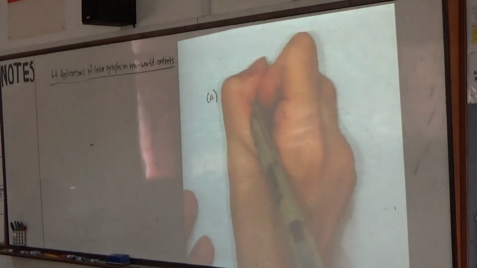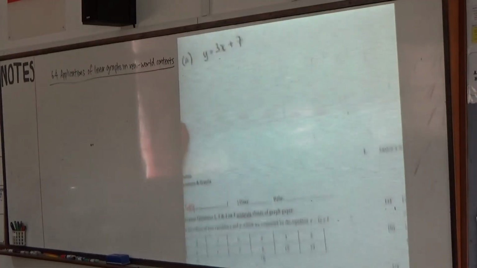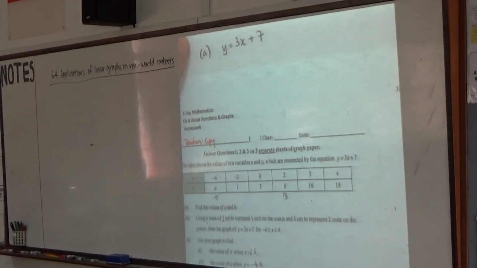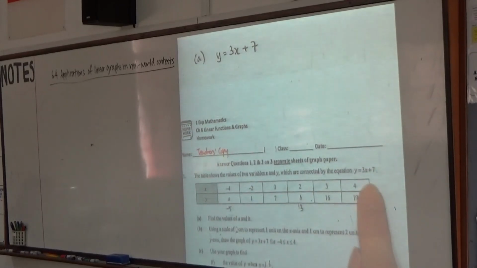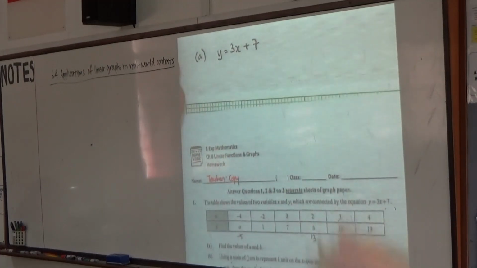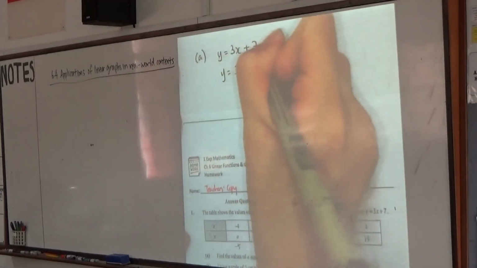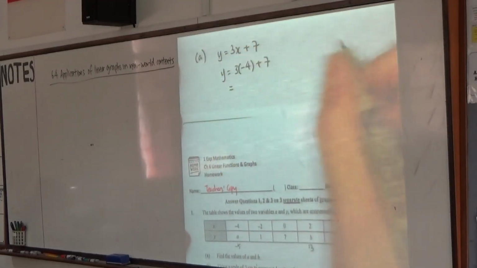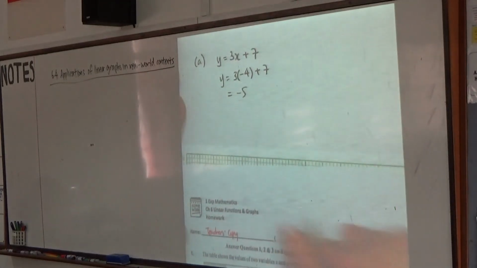We are looking at the equation y equals 3x plus 7. That's given in the question. I want to find the value of A, and that is when x is negative 4. So y equals 3 times negative 4 plus 7. I will get negative 5 from pressing the calculator.